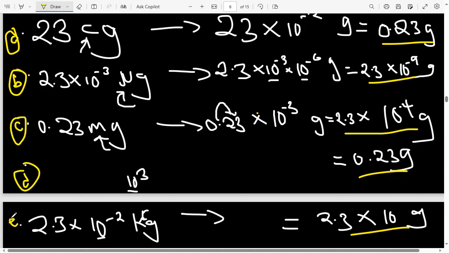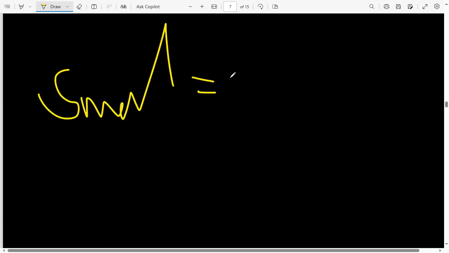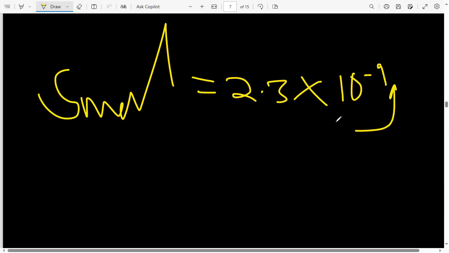Yes, okay, so that's correct. Okay, so the one on B here is the smallest because it has the highest negative power there. It's 2.3 multiplied by 10 to the power minus 9. Okay, so we can conclude that the smallest will just be equal to 2.3 multiplied by 10 to the power minus 9 grams, which was on B.